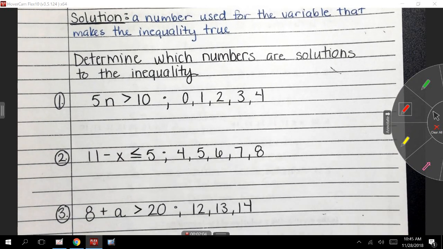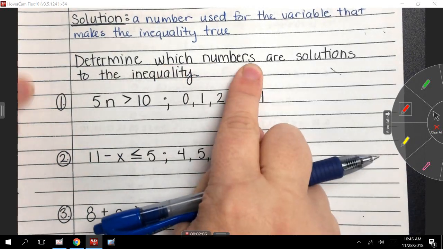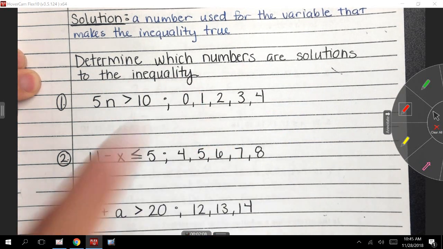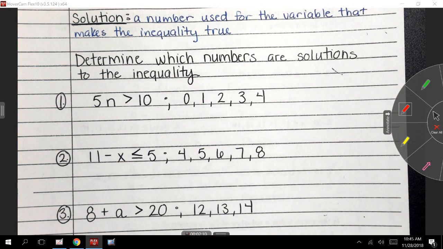So right here it says we want to determine which numbers are solutions for inequalities. Because I want us to remember, with equations, it had to equal one thing, right? But for inequalities, if I'm saying x is greater than 2, can x just be one number? No, x can be any of the numbers that are bigger than 2, so that goes on forever.